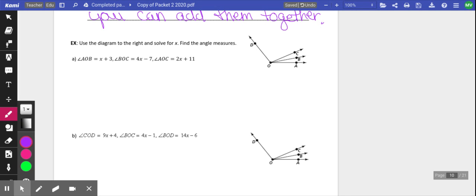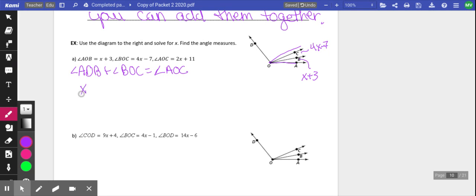We have angle AOB, which is this little tiny angle, is x plus 3. And angle BOC is 4x minus 7. We know AOC is 2x plus 11. So this is where we want to use our angle addition because we know that angle AOB plus angle BOC gives me angle AOC. Because those two little ones added together equal the big one.